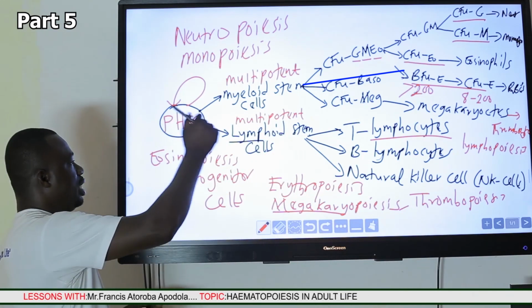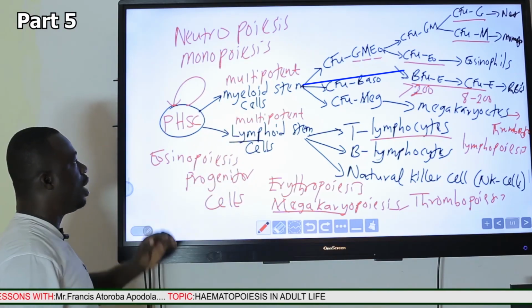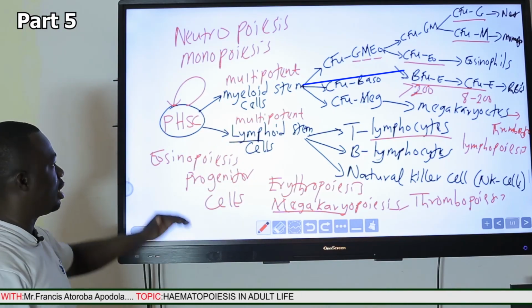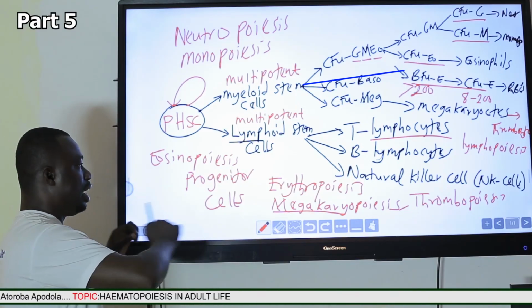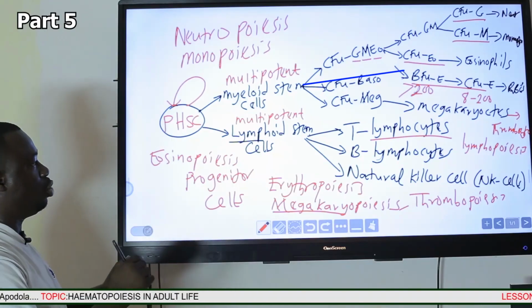In fact, we shall take each of these respective hematopoiesis and elaborate it into details.